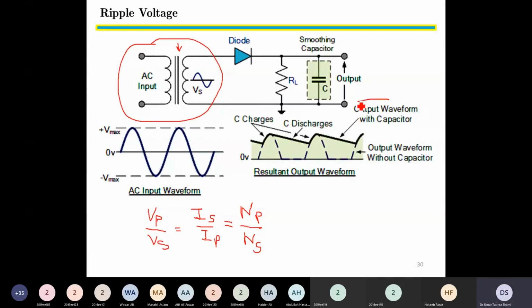Output waveform with capacitor. Whereas the dashed line, or if I can make it more clear, this red colored line shows the output waveform without capacitor.